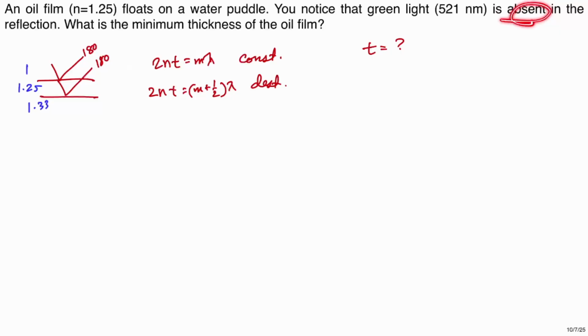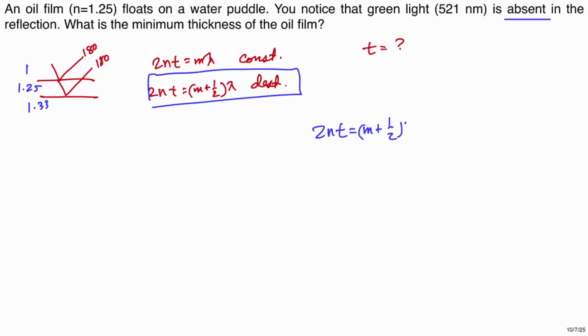This is destructive, isn't it? This is where they'll try to trip you up with the vocabulary. Because we are talking about an absent reflection, that means we're using the destructive equation. Again, we're solving for thickness. So that's 2nt equals m plus a half lambda.